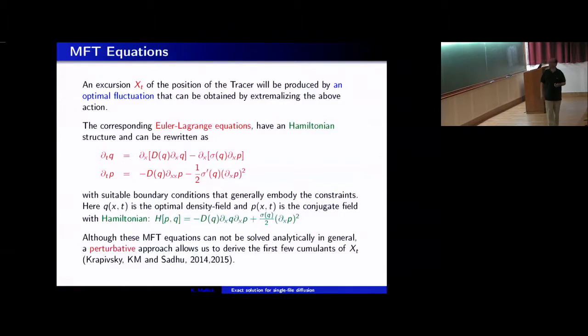These macroscopic fluctuation theory equations, if you really want to get a non-trivial solution which depends on time and with some non-trivial initial condition, we don't know how to solve them. But okay, this is not the sad end. At least we can do some perturbation theory. We can do perturbation theory, for example, with respect to this fugacity that appears in the characteristic function.